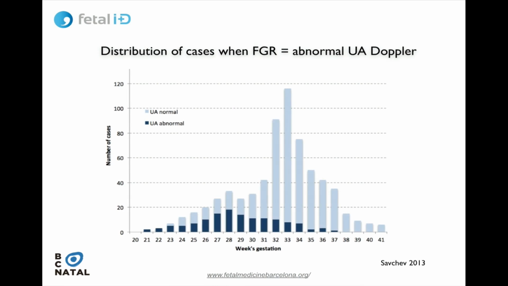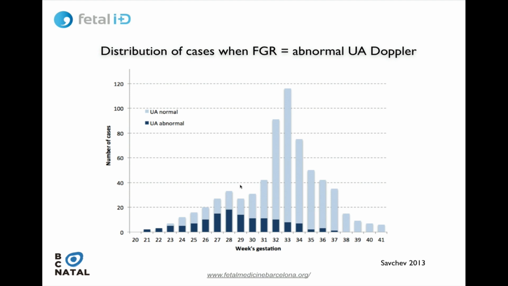This is a cohort of 700 fetuses diagnosed in our units, and you have other studies that are similar. And this is the frequency, the number of cases. You see it's 120 cases detected at 33 weeks.